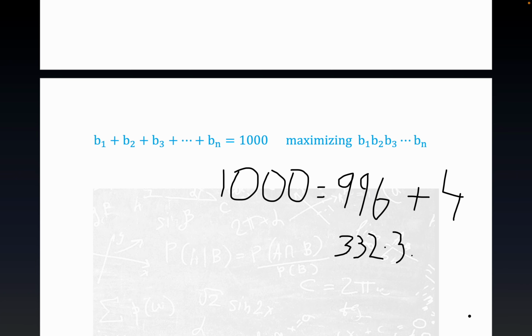And of course, folks, you could write this as 2 plus 2, right? So notice, y'all, in this case, your little n would be 334.